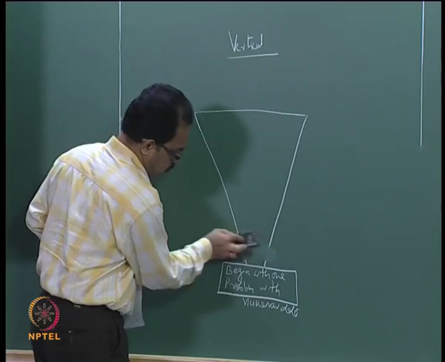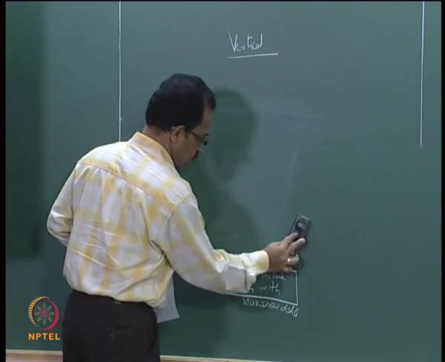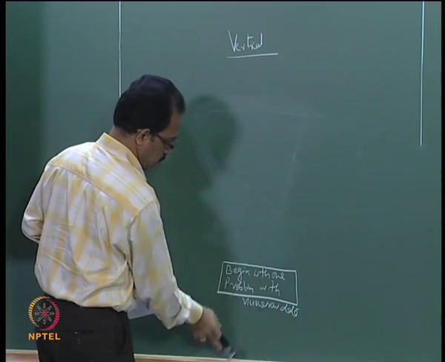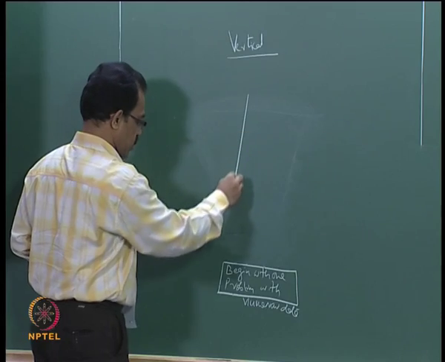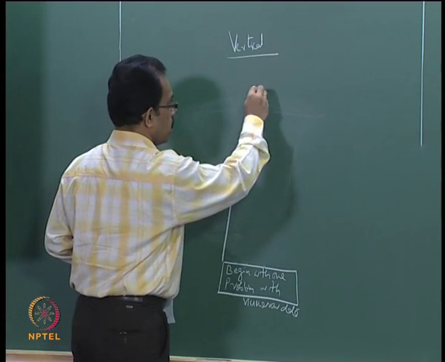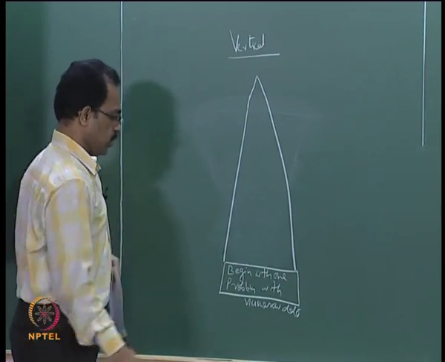So, we start with one problem and with a lot of data. We have a lot of data available for that particular problem and we need to narrow down to a single solution. So, this is the vertical thinking.